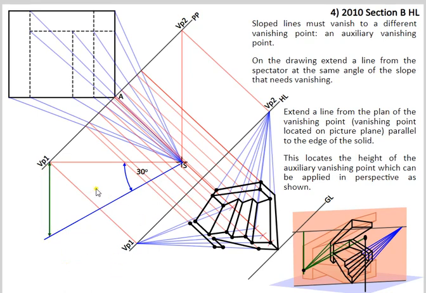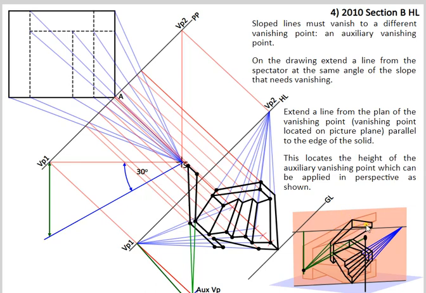What we're doing here is marking off this height off VP1 here. This point here is projected up the way. That is, this point here, A, has been brought onto the picture plane. What that allows us to do is extend on this. And again, what we have drawn here is the front section joined to this auxiliary vanishing point.